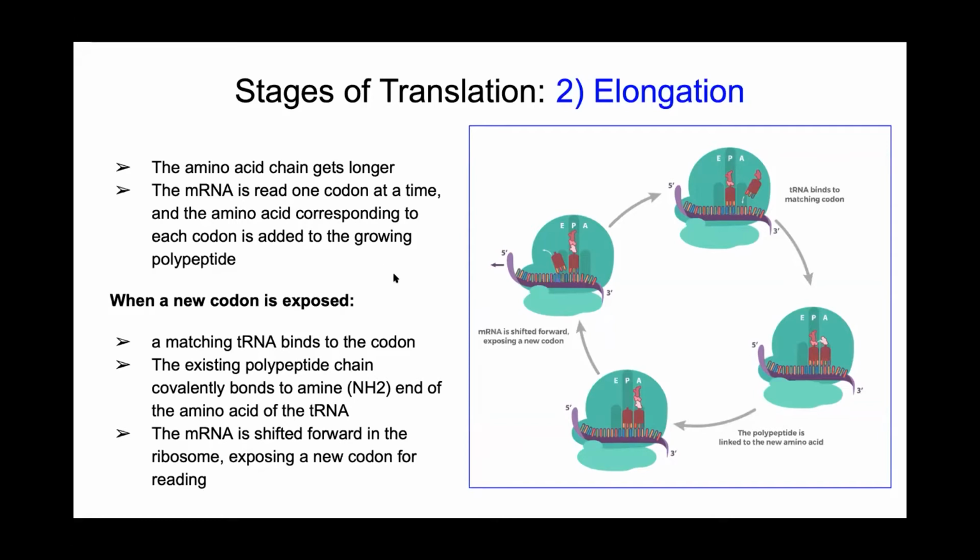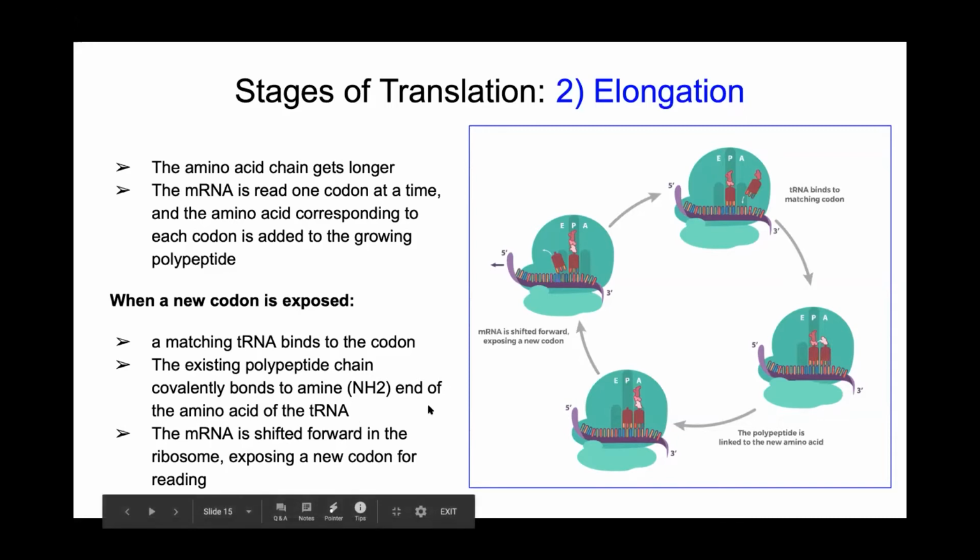When a new codon is exposed, a matching tRNA binds to the codon, and the existing polypeptide chain covalently bonds to the amine end of the amino acid on the tRNA. Then the mRNA is shifted forward in the ribosome, exposing a new codon for reading. That's how we can produce more amino acids.